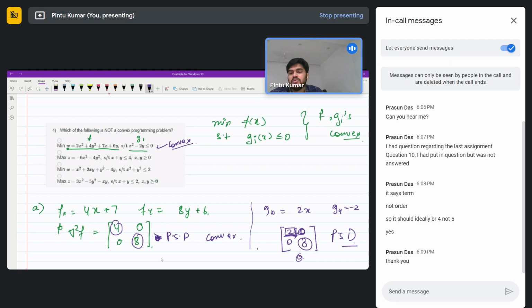Can you give 1 or 2 minutes to check the second part? It is 6:53. Please attempt till 6:55 and let me know whether this is a convex optimization problem or not. Then I'll attempt this one.